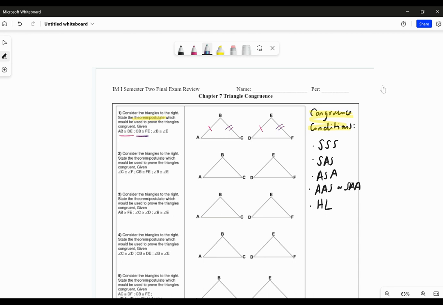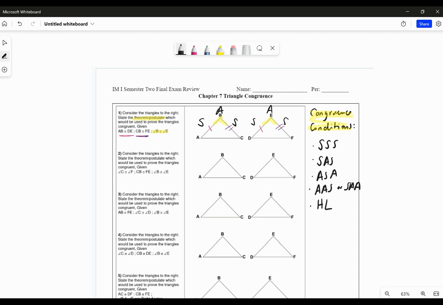And then lastly, it says angle B, this angle right here, is congruent to angle E. Well, notice if I write on the top here, I have a side, I have an angle, and I have a side. And then a corresponding side, angle, and side.